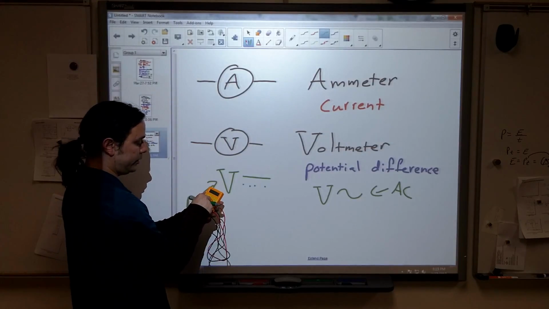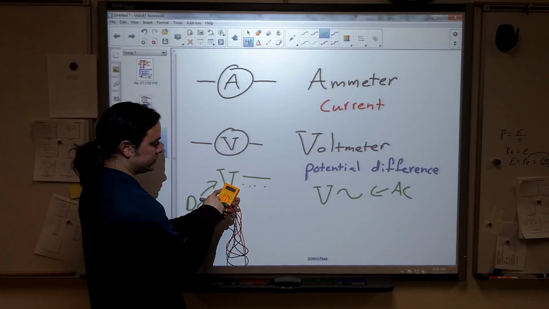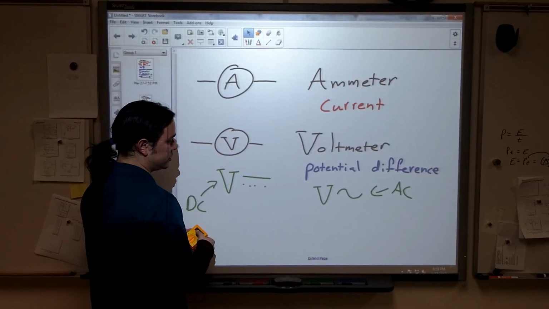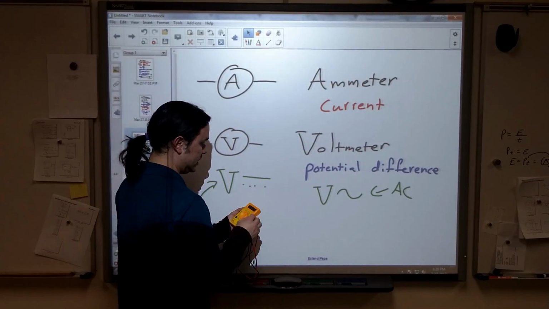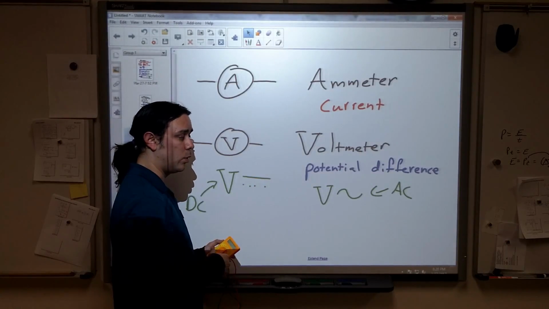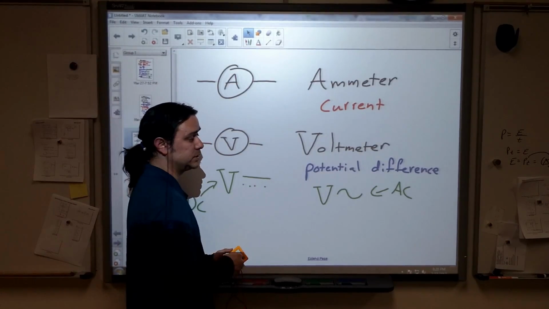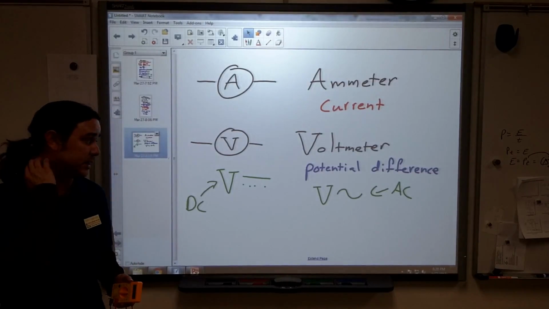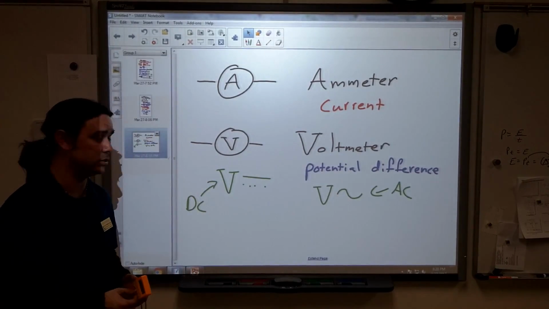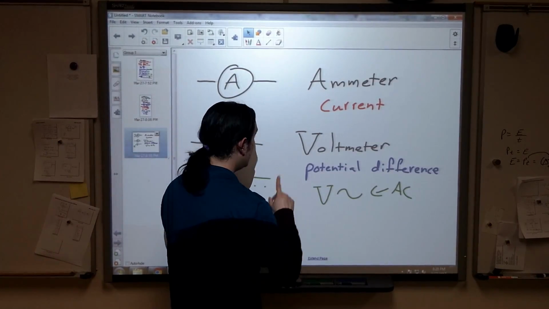So this is the setting. We've got quite a few of them over here that are actually useful for DC voltage or DC circuits, and we're finding the potential difference. AC, we've got a couple settings here. We won't be using them, and we won't really be talking about them for the purposes of this video. However, the same stuff that we have for using a voltmeter regularly is kind of the same thing that you would use for the AC setting.